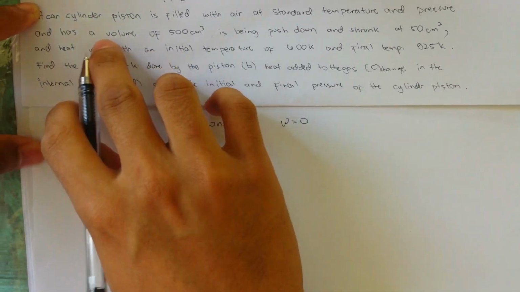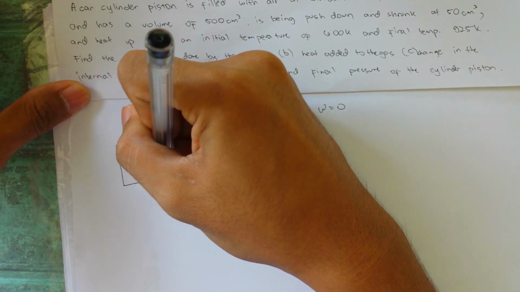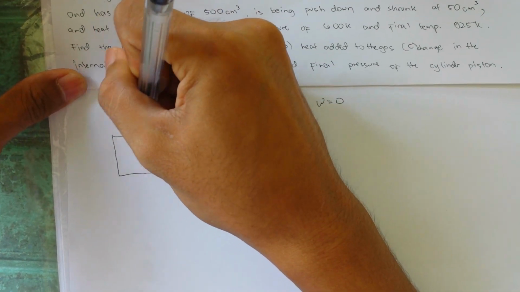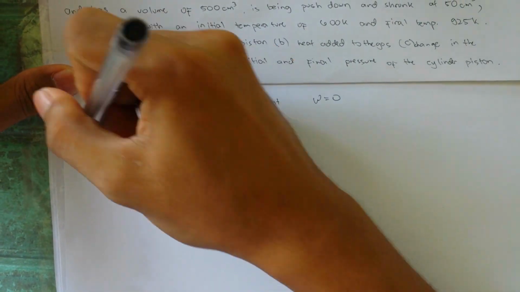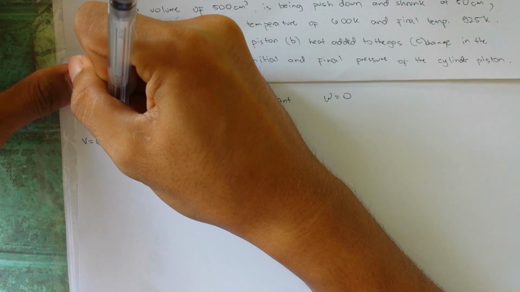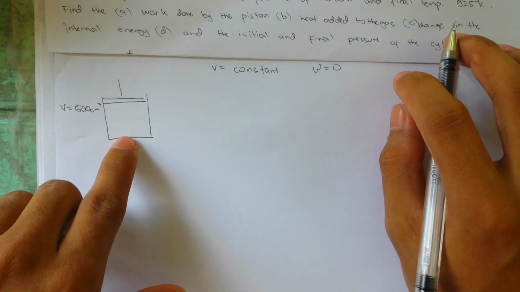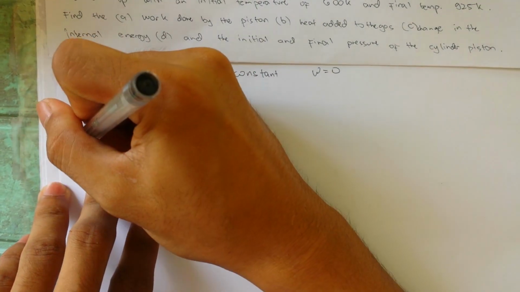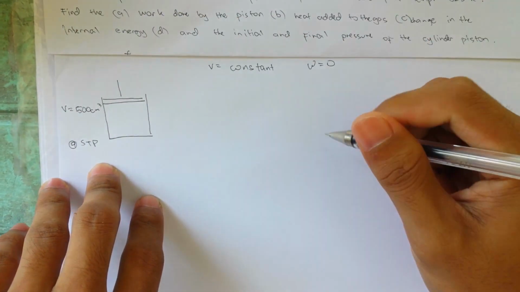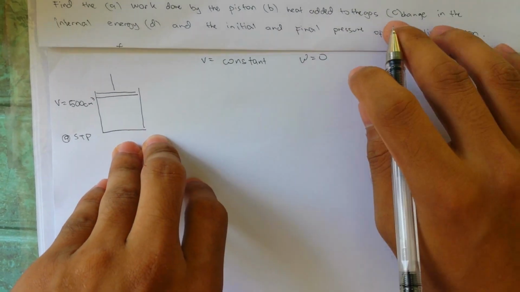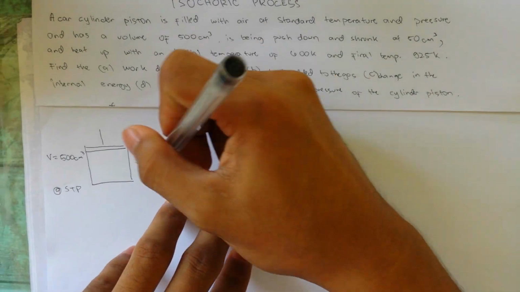A car cylinder piston with a volume of 500 cubic centimeter is filled with air at standard temperature and pressure. It is being pushed down and shrunk to 50 cubic centimeter.